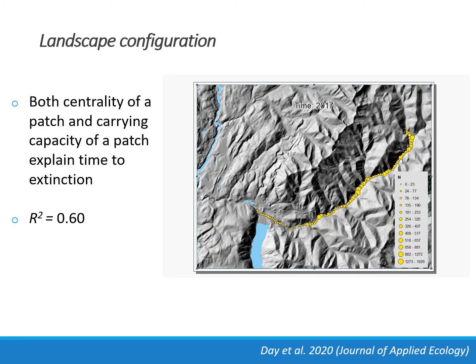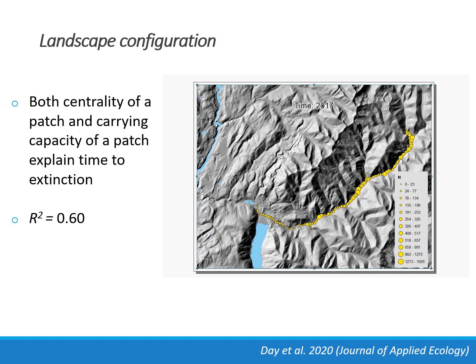So remember I showed that slide earlier that looked at occupancy of patches over time, and that most patches went extinct relatively quickly, but there were a few that held on. And those patches that were harder to get to extinction had 2 things in common. One was that they were better connected to the rest of the patches. They were more centralized to more tributaries across the landscape. And the other is that they had a higher carrying capacity.